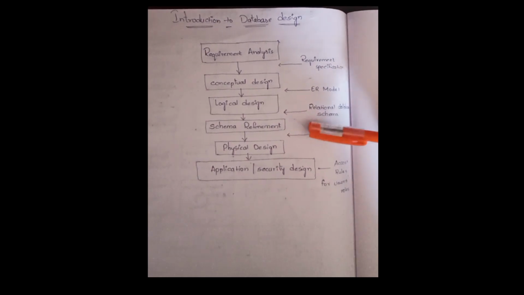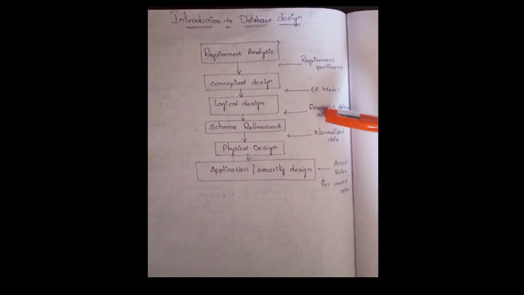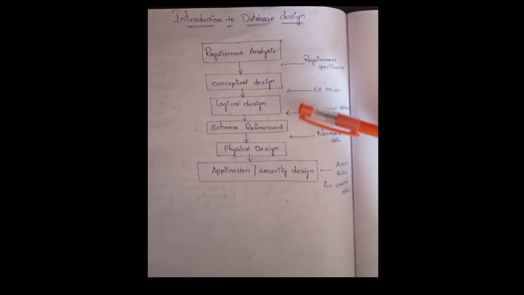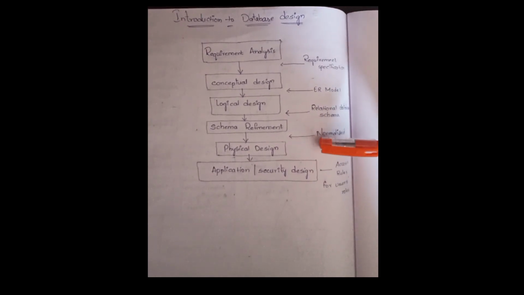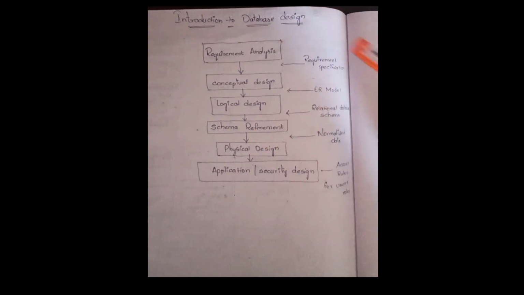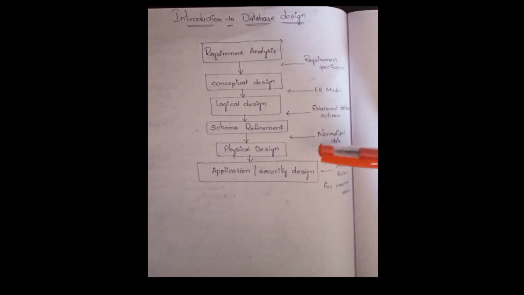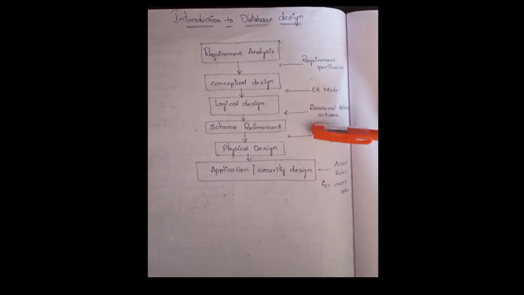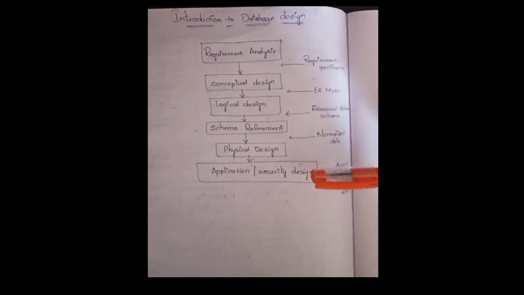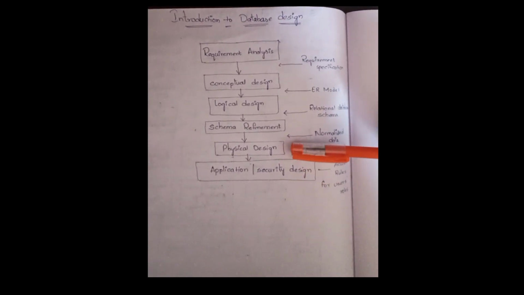In this refinement step, the collection of relations in the relational database schema is analyzed in order to identify potential problems in the database, such as redundancies, anomalies, etc., and to restructure them in order to impose the desirable properties in the database. After the schema refinement phase, physical database design starts.